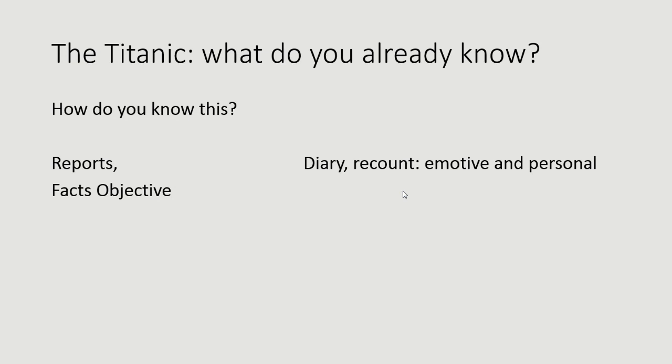Have you read a diary entry or a survivor's account of the Titanic? But what do you already know? Now, you might know a lot, you might not know so much, but depending on the type of information you've been exposed to might affect your reaction and thoughts and feelings to the Titanic.